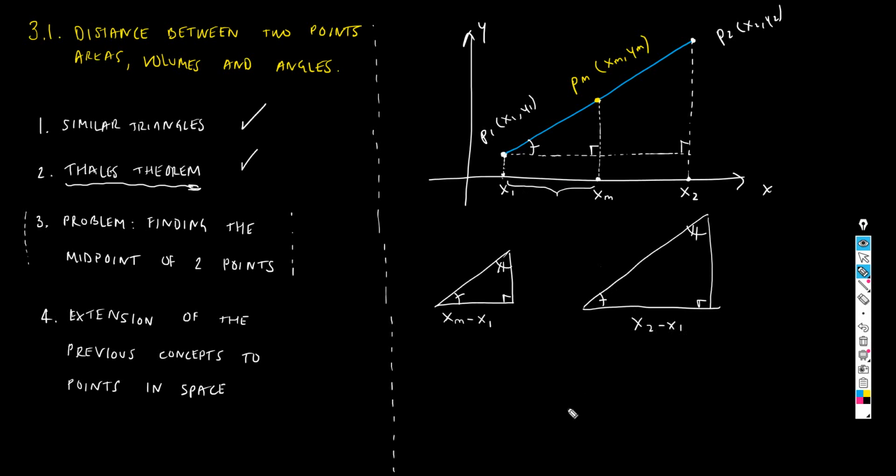There you go. So we have everything prepared, all the ingredients are already in place in order to try to get first one of the coordinates, in this case this one. I'm gonna get first xm. So how does it work? I'm gonna apply the Thales theorem. What does the Thales theorem say? For similar triangles, are they similar? Yes.